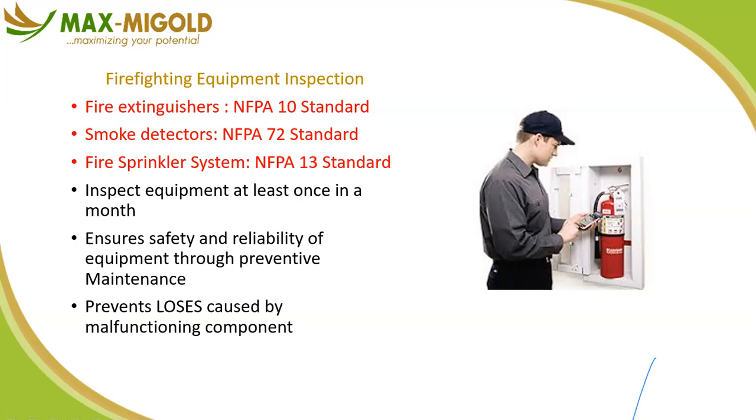If it means that you need to test your fire pump every day or every shift, so that means 2 or 3 times a day, please do. If it means that you need to carry out the testing of the alarm panel or the sounder every week, please do. So saying that once a month is like the worst case scenario.